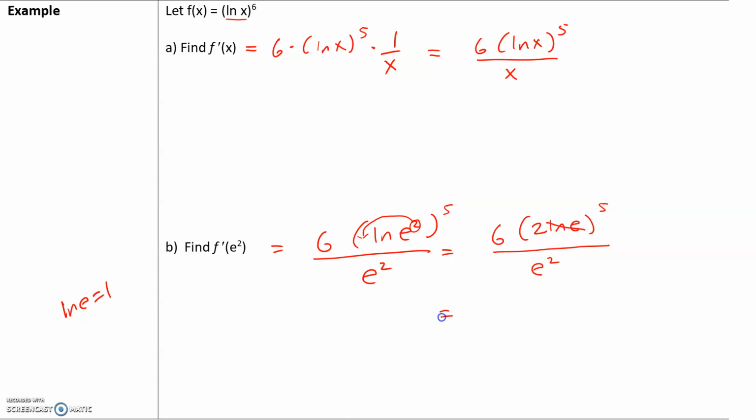I'm just going to cross that out. So this is 6 times 2 to the 5th over e squared. 2 to the 5th is 32. And then 32 times 6 is going to be 192. So we get 192 divided by e squared. And you have to convert this to a decimal. So you would put this into decimals or whatever your favorite calculator is.